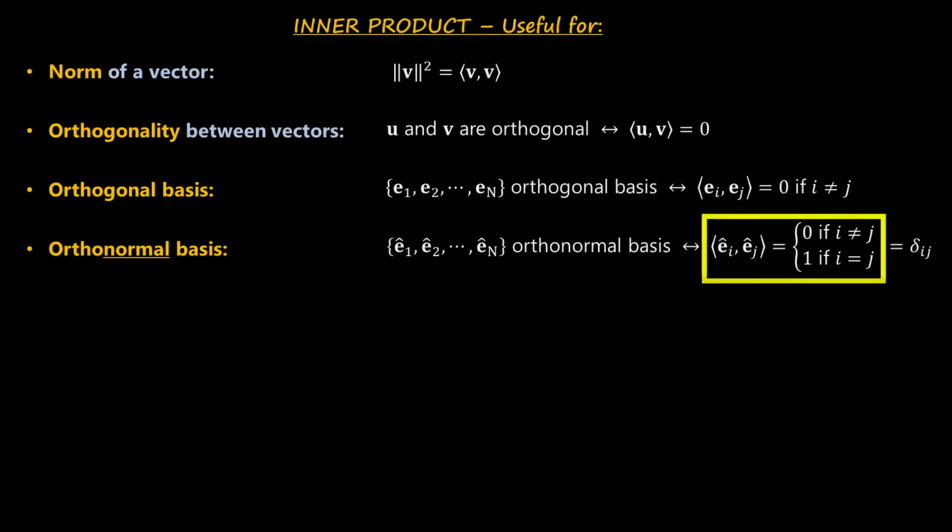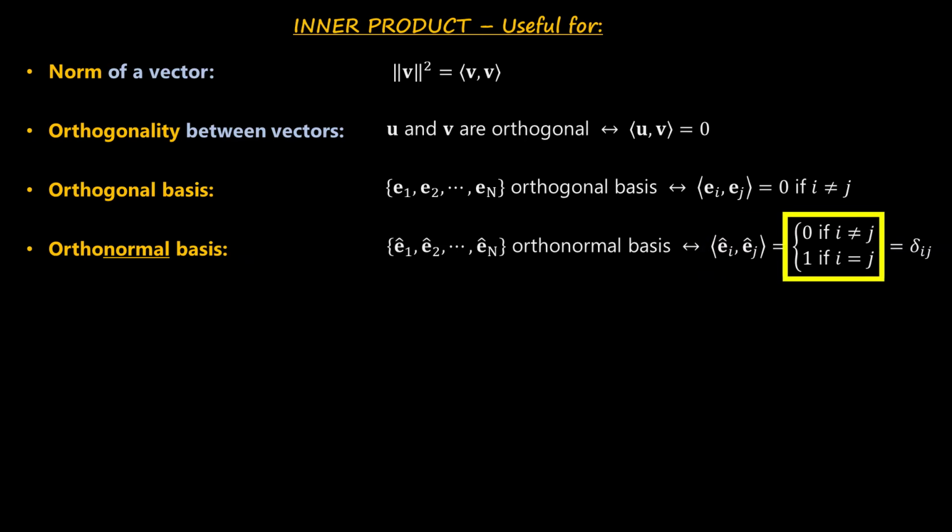This can be written mathematically by saying that the inner product between any two ei and ej vectors is equal to 0 if i is different to j. That is, if we are doing the inner product between two different vectors in the basis, they are orthogonal and therefore the result of the inner product is 0. But if we are doing the inner product of a vector with itself, then the result is the norm squared, which is 1 because they are all unit vectors.